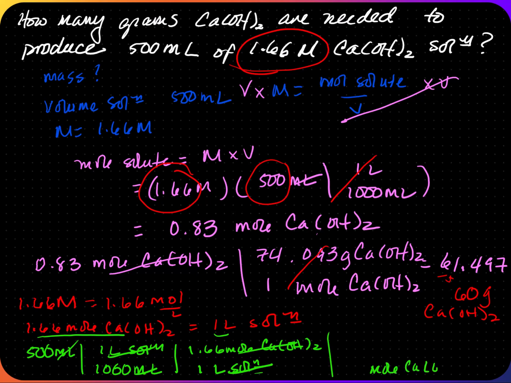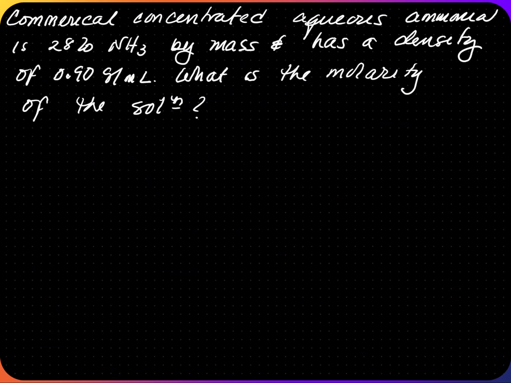Moles of calcium hydroxide, there's 1 mole, and the molar mass of that is 74.093 grams of calcium hydroxide. So if you do the math, it will come out to the same answer. I think the second method is a lot faster than the top method, but either way works, just do the math correctly. Pause the video, try this problem on your own, and then check your answer.